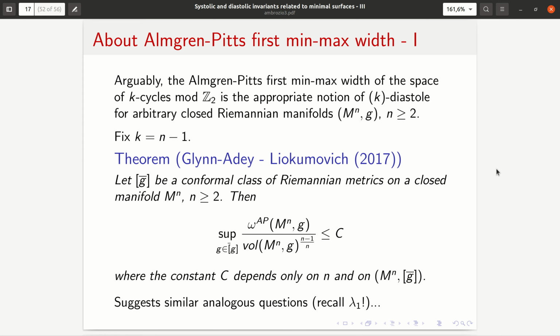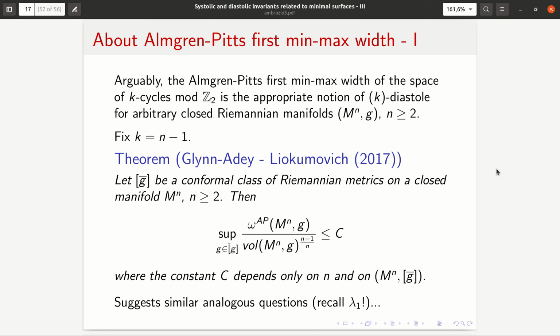So it would be really amazing if one could establish an analogous theory for the Almgren-Pitts diastole compared to the volume, making the analogy with the first Laplace eigenvalue compared to the volume. That would be really amazing, to answer the question of what the sharp constants are, depending on the surface, depending on the conformal class. All this would be amazing to know.